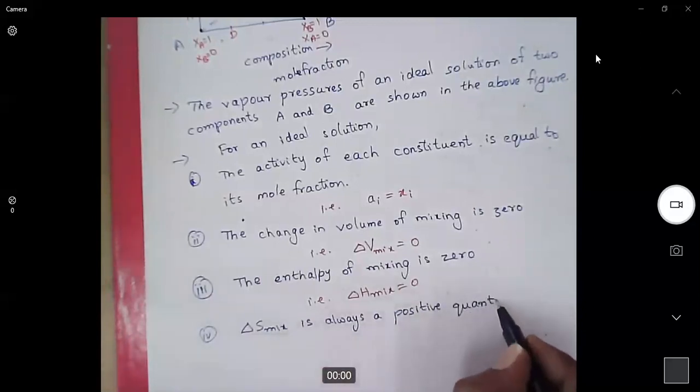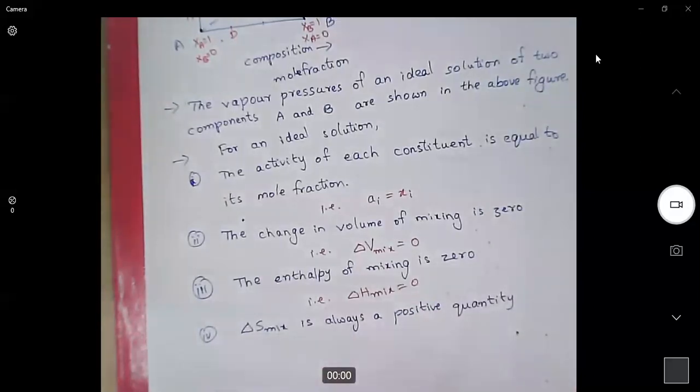That means, as we know, entropy is an order parameter. When we are standing in a line, we will have very low entropy, whereas when we stand in a random fashion, we have very large entropy.